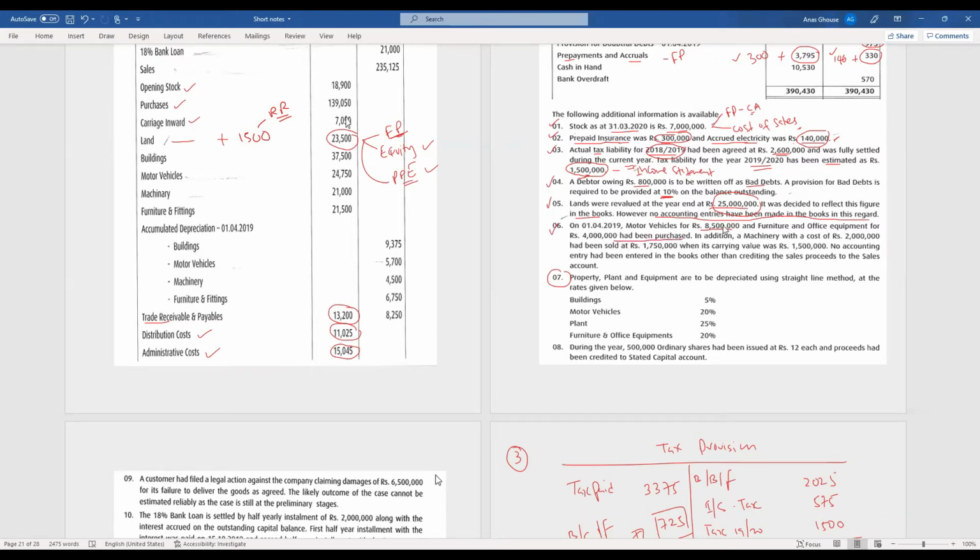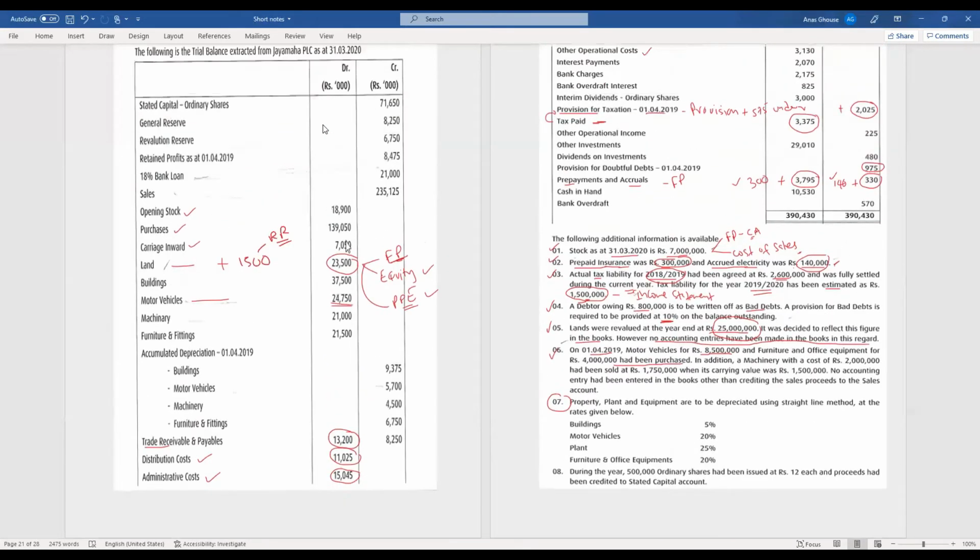So these are additions during 2019-2020. Whereas you are given the motor vehicle 24,750 as of 31st March. This is the closing balance, 31st March 2020. So this 24,750 includes the opening balance as well as the purchases.